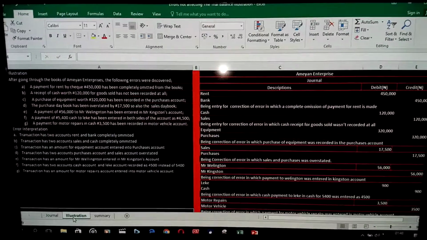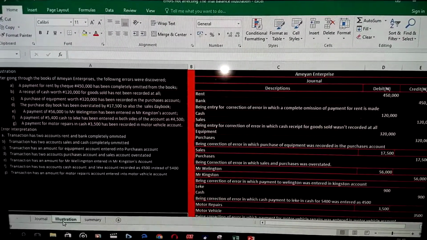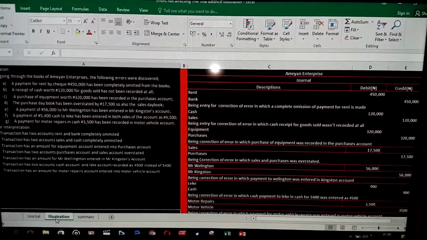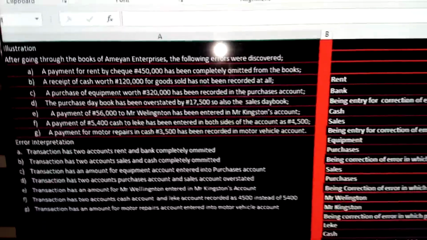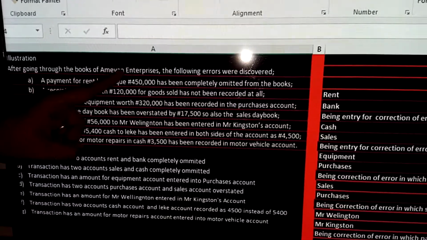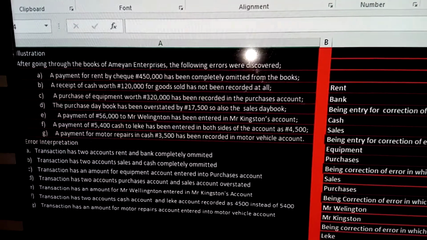Here is an illustration on how to correct errors not affecting the trial balance. Here we have an illustration saying, after going through the books of Amenyon Enterprises, the following errors were discovered.